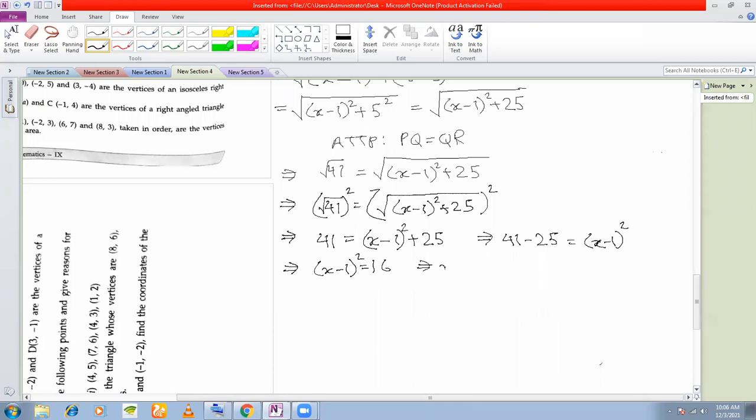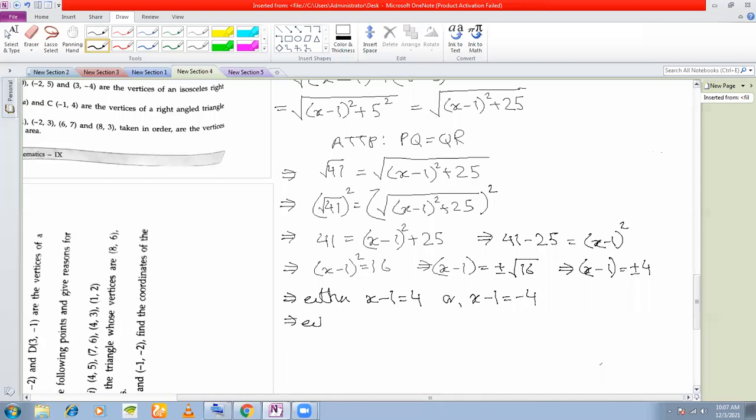That means what is x minus 1? It is plus or minus the square root of 16. That means x minus 1 is equal to plus or minus 4, right? So either you have x minus 1 is equal to 4, or you have x minus 1 is equal to minus 4, right?